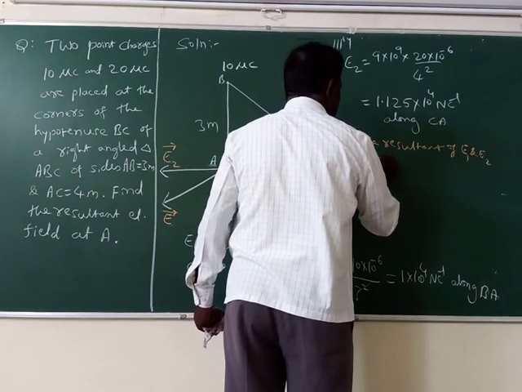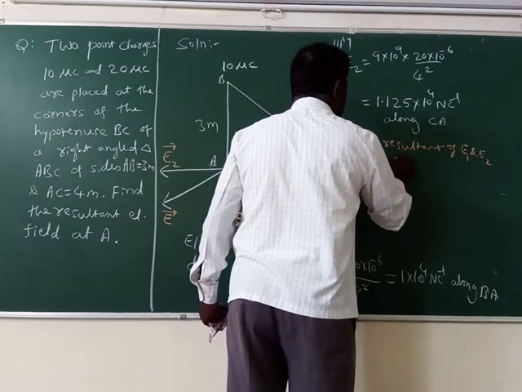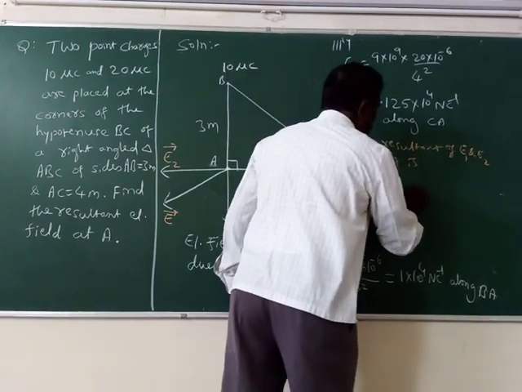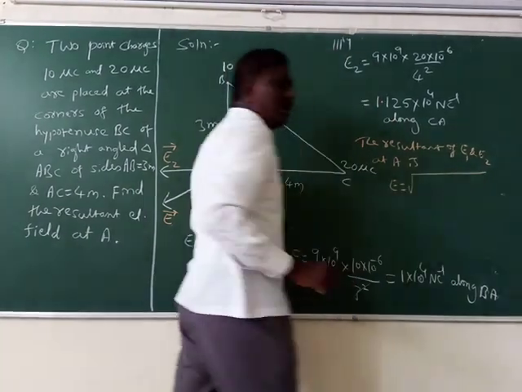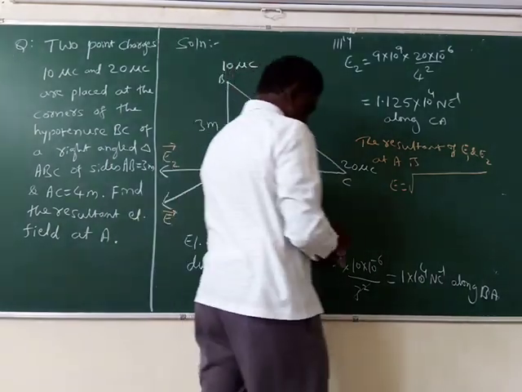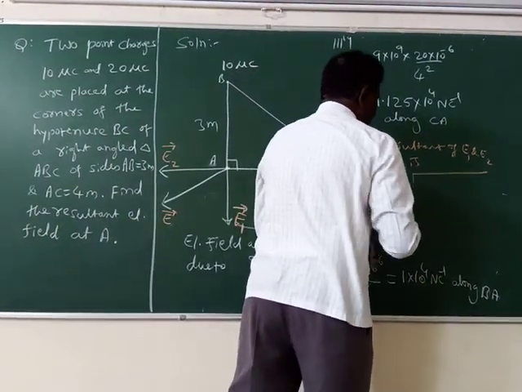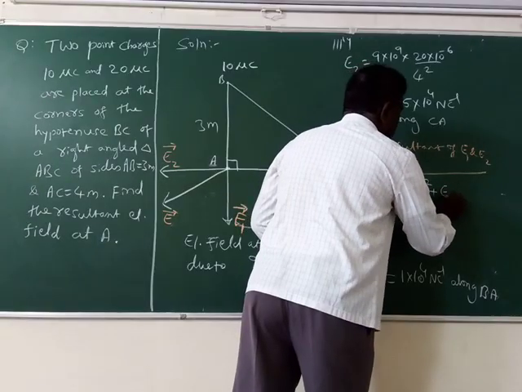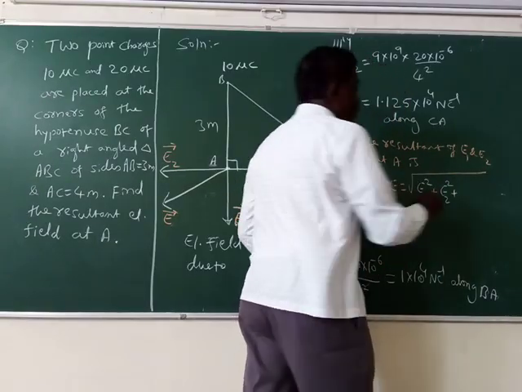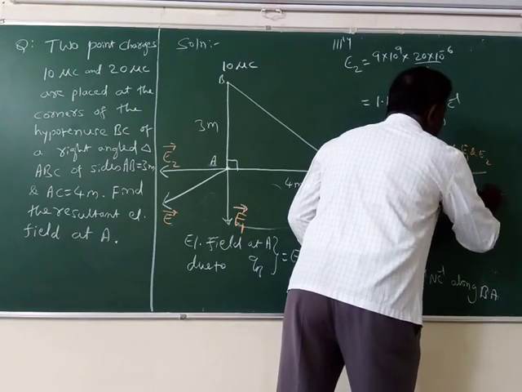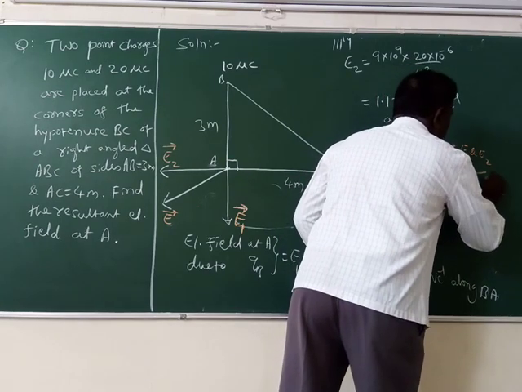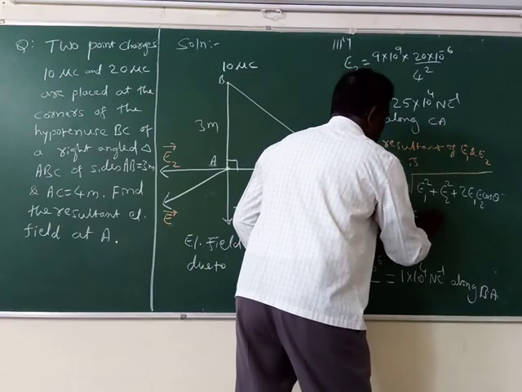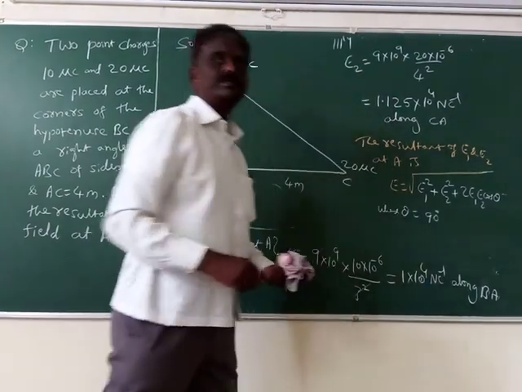E1 and E2 at A is E is equal to root of, what is the formula? E1 square plus E2 square plus 2E1 E2 cos theta, where theta is 90 degree. Theta is 90.